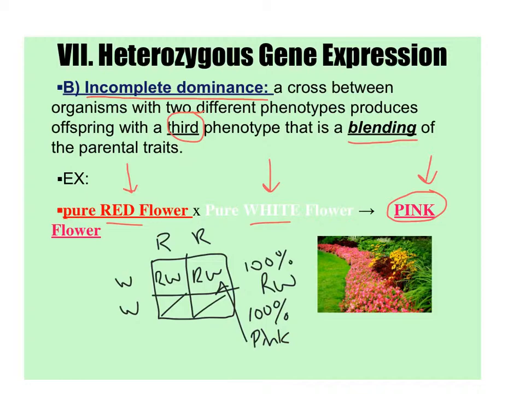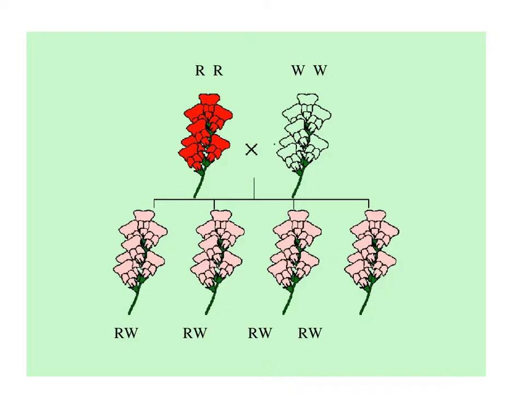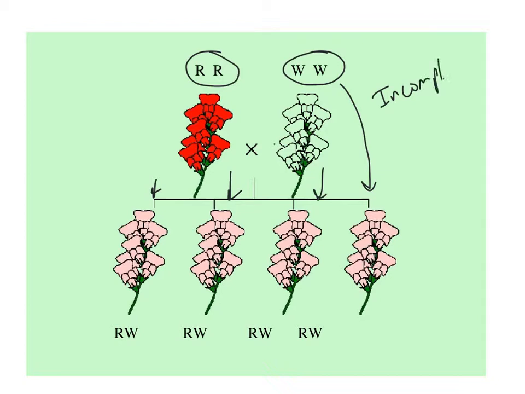That phenotype of being pink. And there it is, purebred red crossed with a purebred white flower. All of their offspring baby flowers will be pink, and that once again is incomplete dominance. Remember, with the cows, cow dominance, that was called codominance.